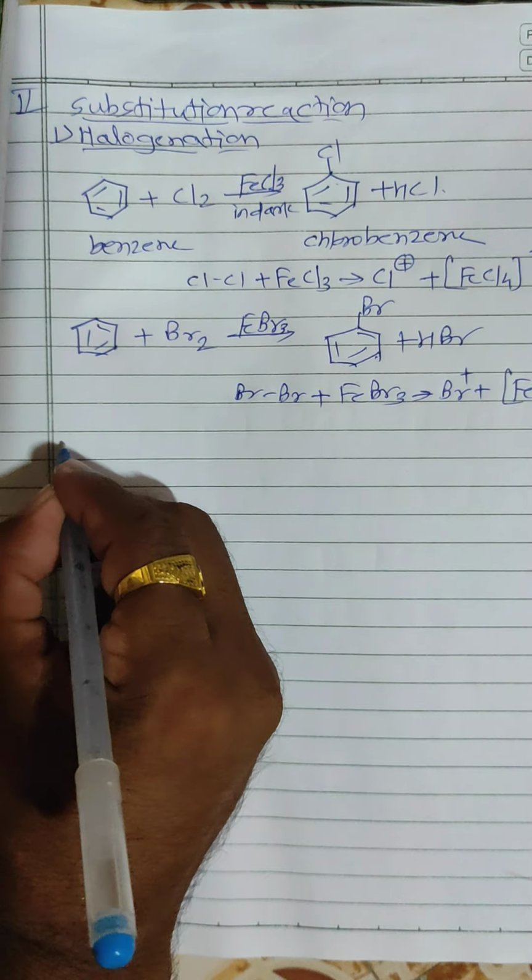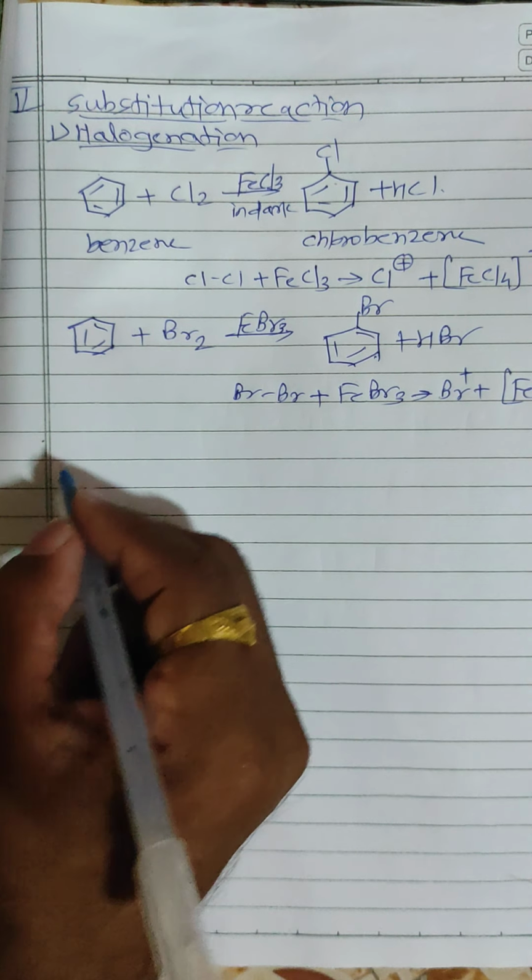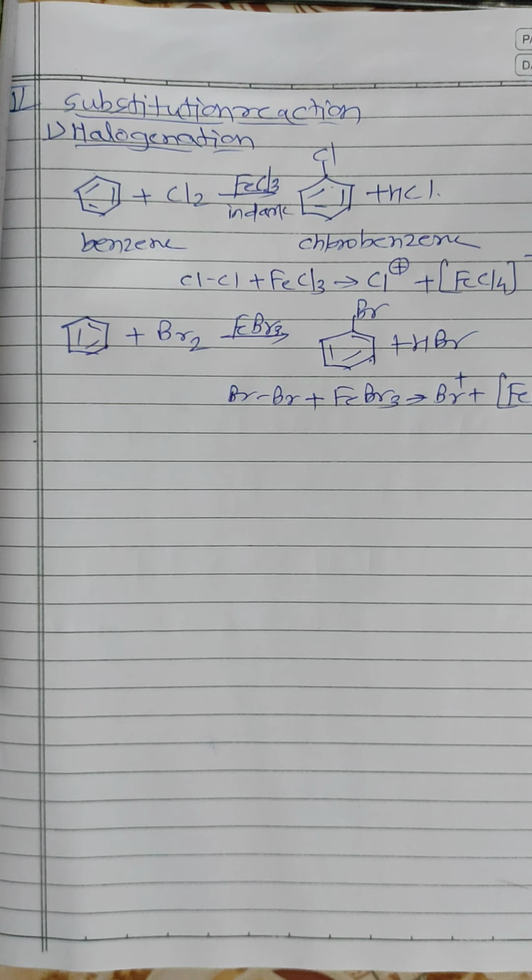Now the next reaction: with excess chlorine, benzene gives hexachlorobenzene.